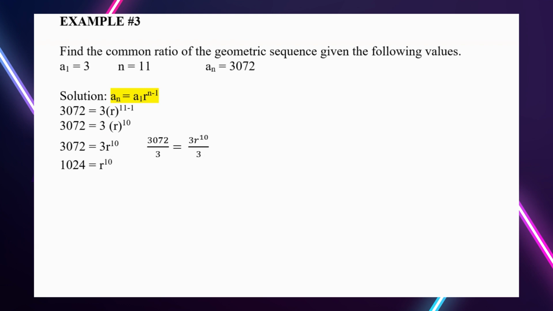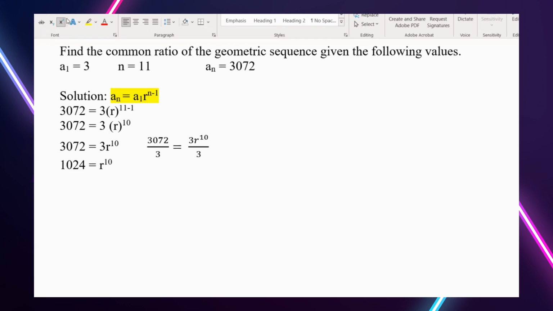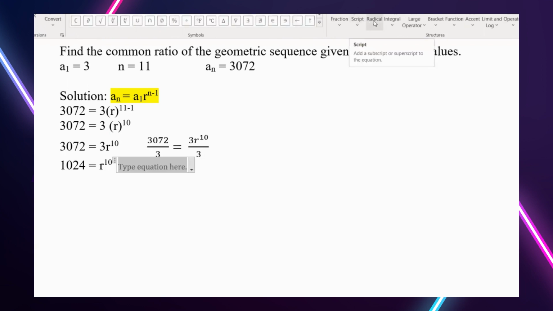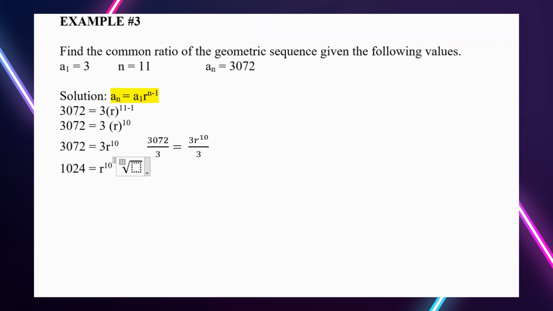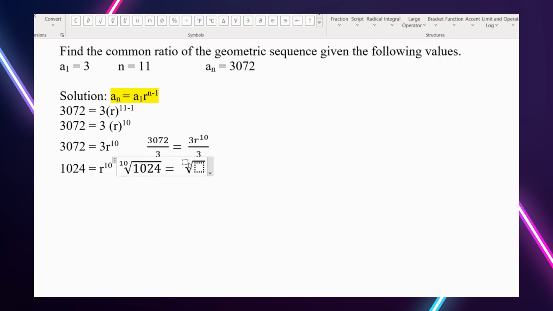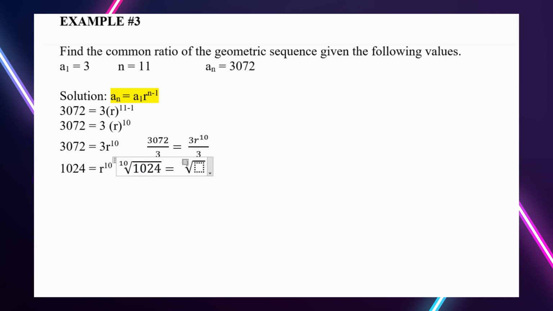So, therefore, we can now have here the 10th root of 1024 is equal to the 10th root of r raised to the 10th power.